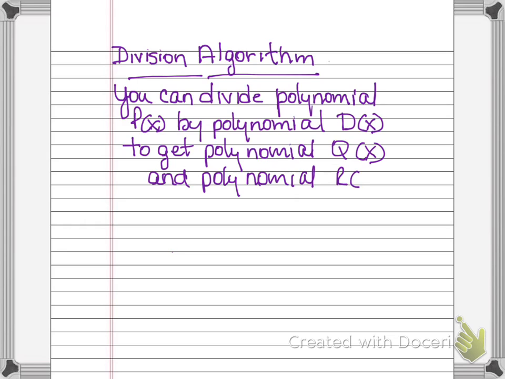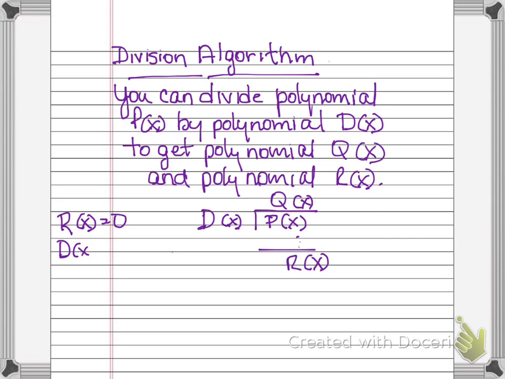And what does all that mean? It means that we can set this up, divide d of x into p of x, our quotient, and then we have a remainder. Always remembering that if our remainder r of x is equal to 0, then we know that d of x is a factor. Okay. Important things for you to remember as we're doing this.